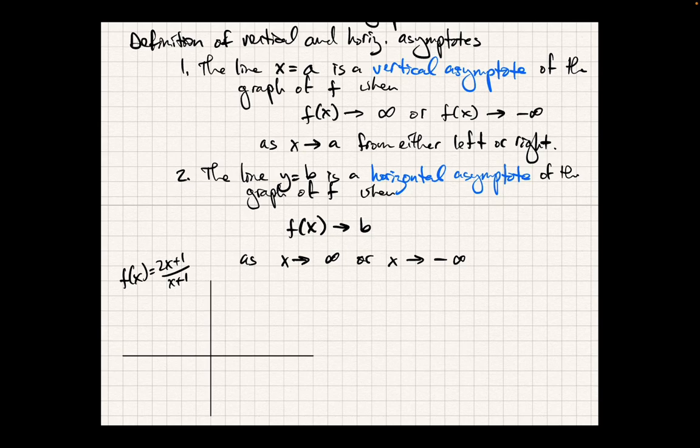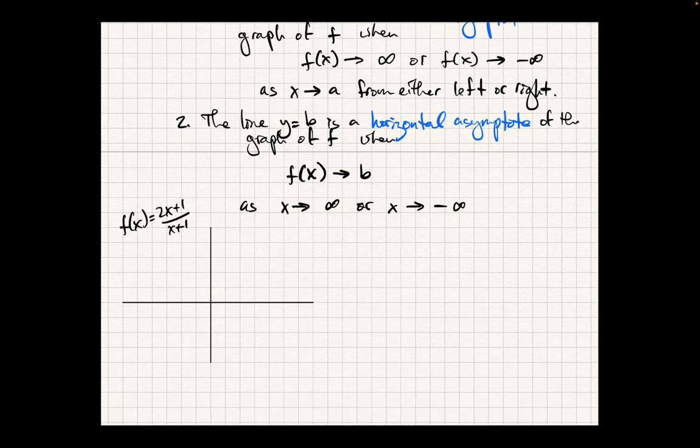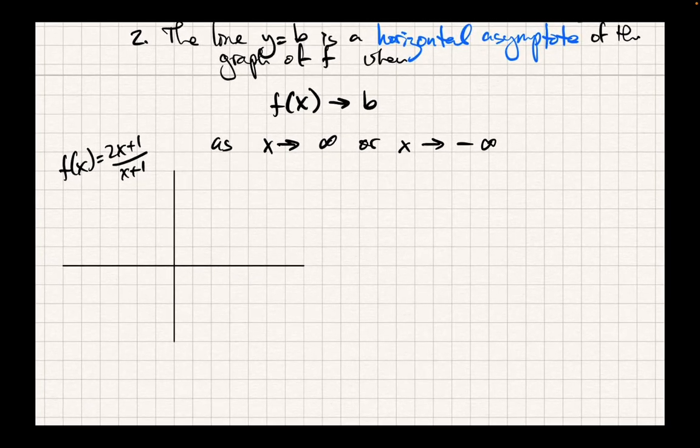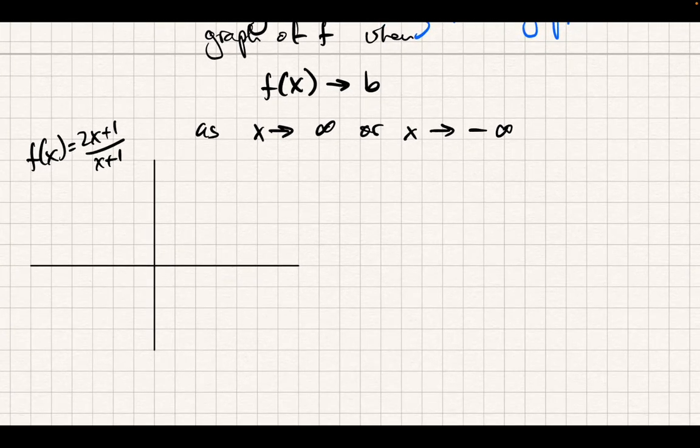Any guesses as to where it's going to have a vertical asymptote? Negative 1? Yes. What's the equation of that line? X equals negative 1.